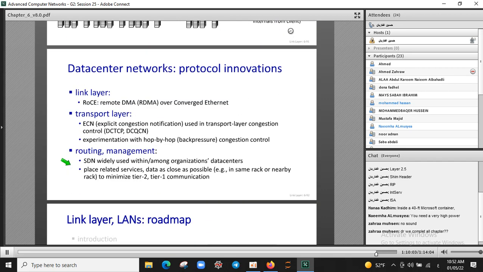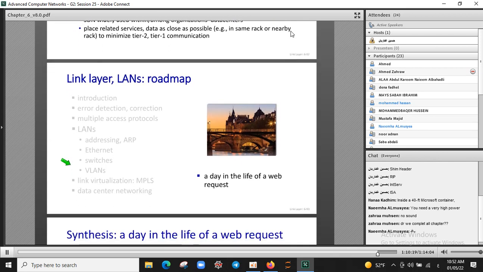This is the last slide that we talked about in this course. No, this is the last slide. We just talked about some special parts of chapter 6: switches, VLANs, MPLS, and data center networking. Nothing more. For the final exam, you need to read just these parts, not the whole chapter.